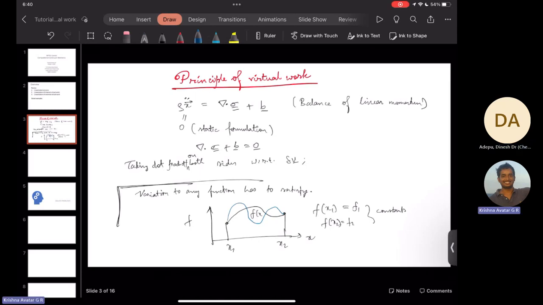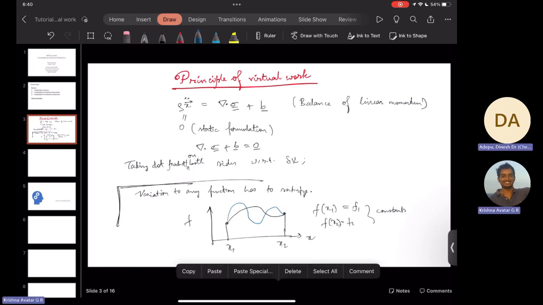Okay. So given a function f, when we introduce perturbations or variations to the function, it becomes f of x plus epsilon times h. We had talked about this, right? f of x means function value.